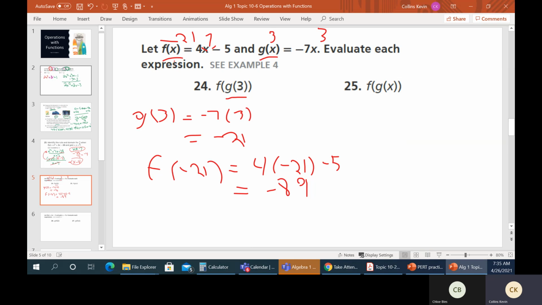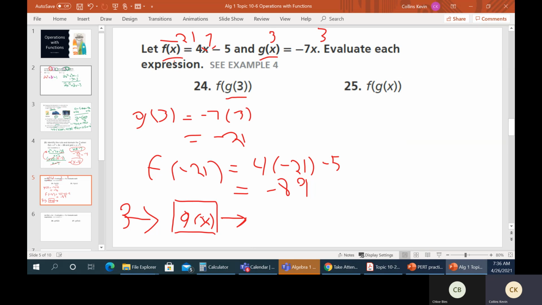Okay. So what's really happening? Think of this like a manufacturing process. We've got some raw materials here. In this case, our raw materials are going to be 3. So we're going to feed 3 into this process here, and this process is g of x. So what comes out the other side?